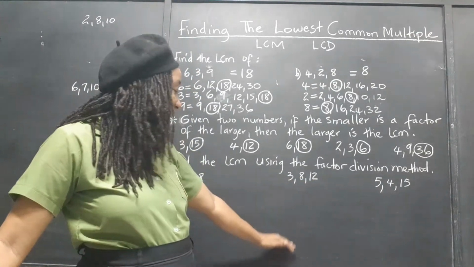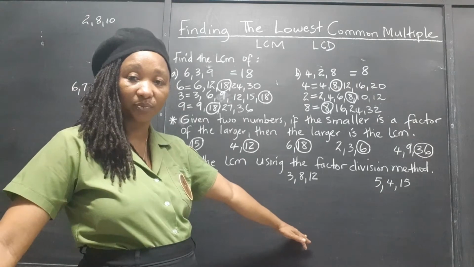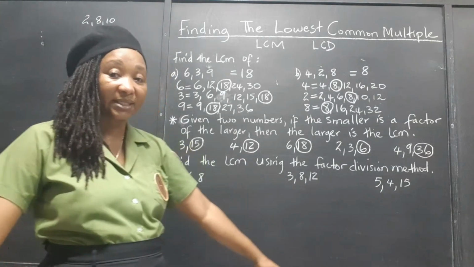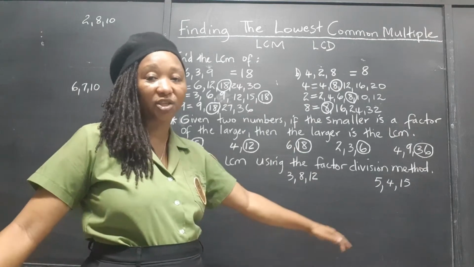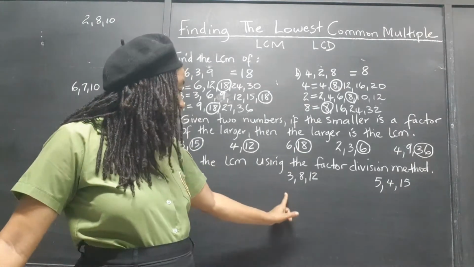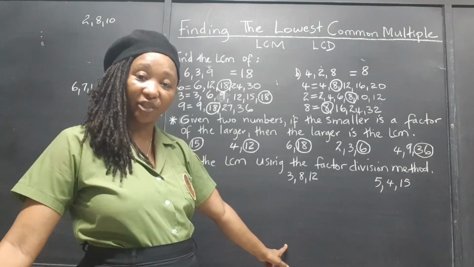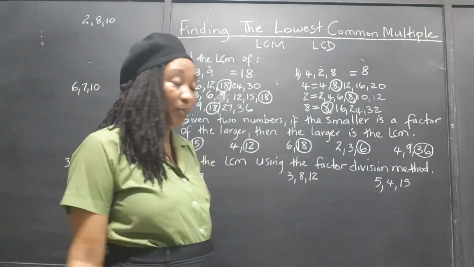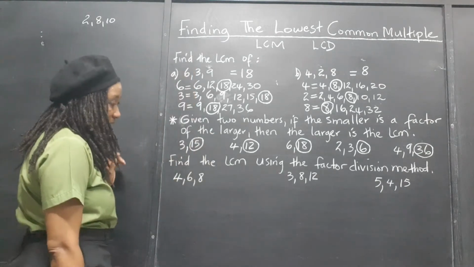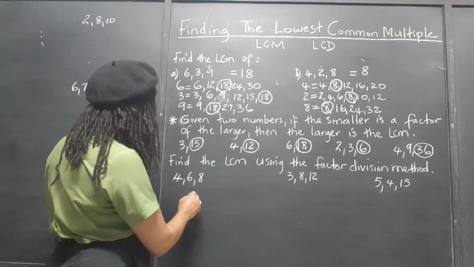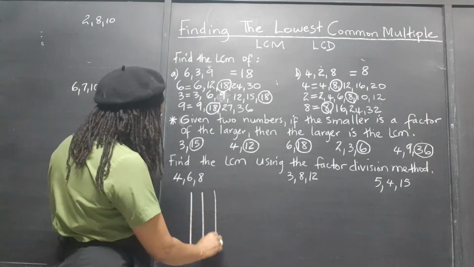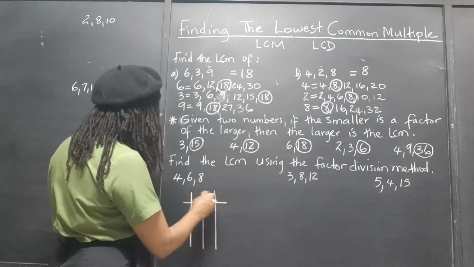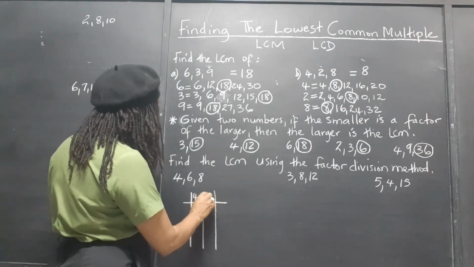We're going to be dividing them by common factors until we can't divide them anymore. So until we get a 1 in each column, and then we multiply the factors by each other, and that will give us the LCM. So let me show you what I mean. So we set out a little table like this to put in our numbers, right? So we have 4, 6, 8.